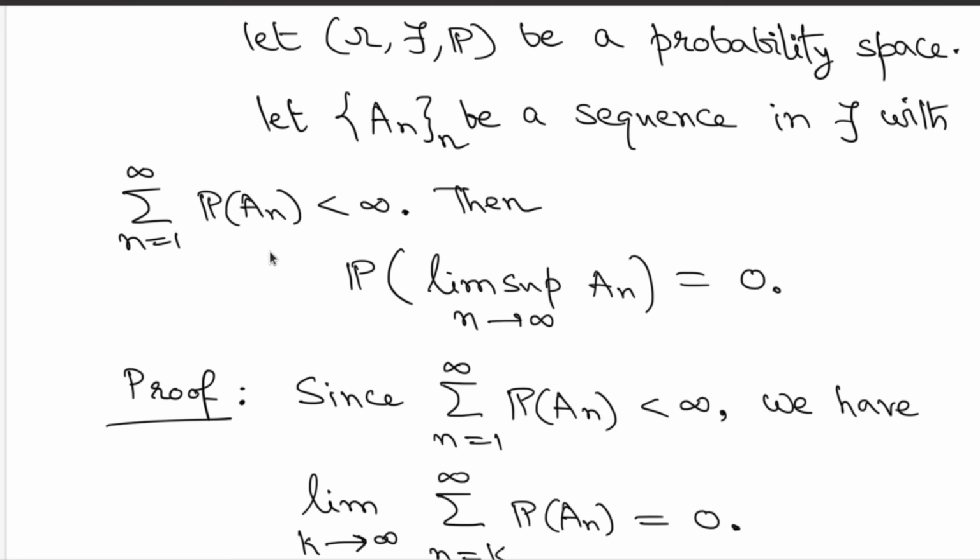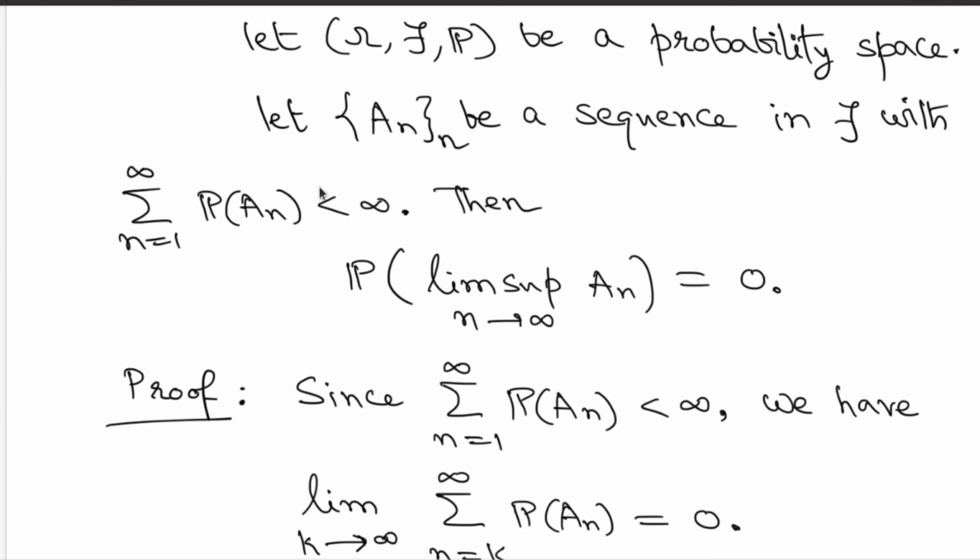Here you have to be careful. These A_n need not be pairwise disjoint. So this summation need not be the probability of the union of the sets A_n. This is some arbitrary sequence, but with the condition that the sum of the probabilities is finite. That is what you require as a sufficient condition here.